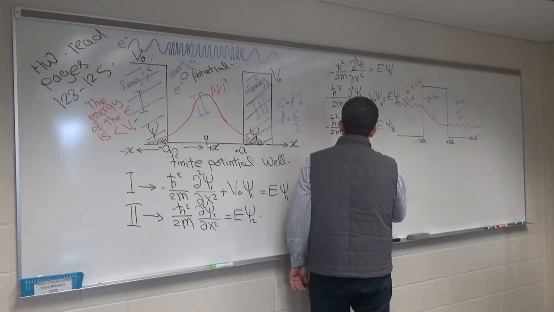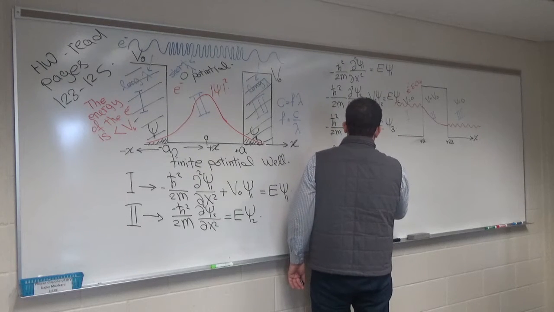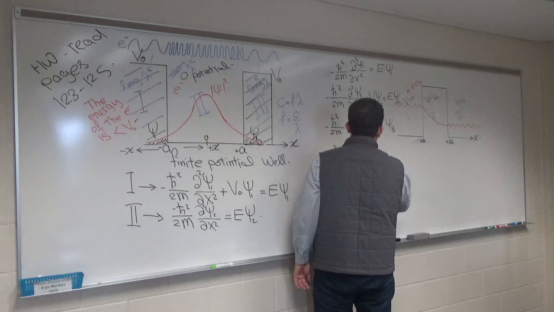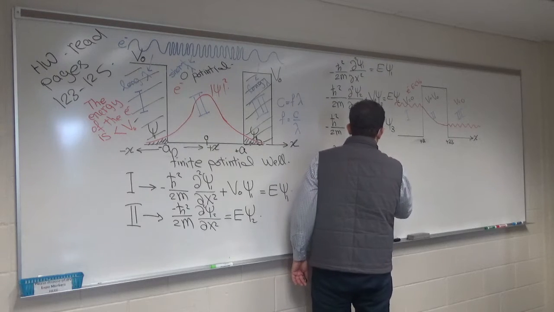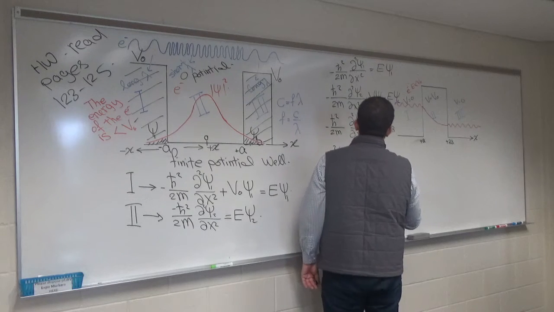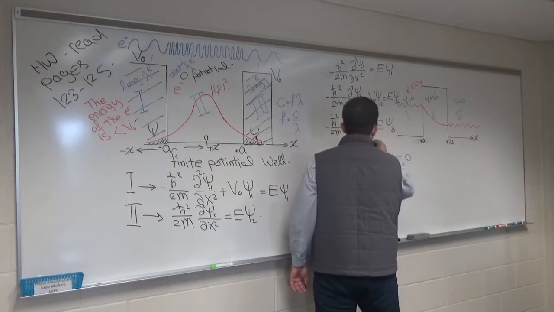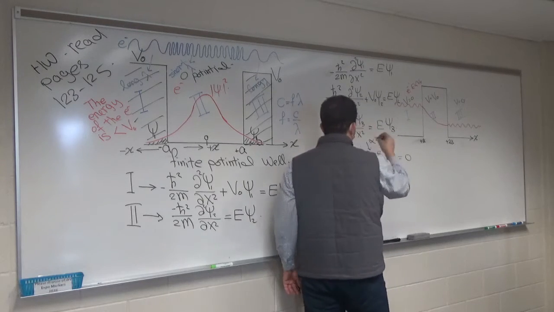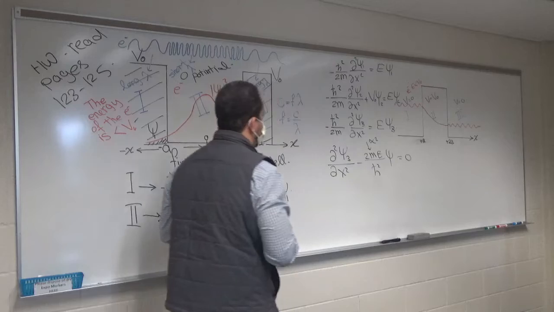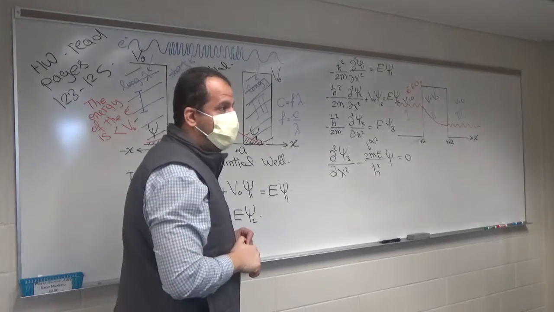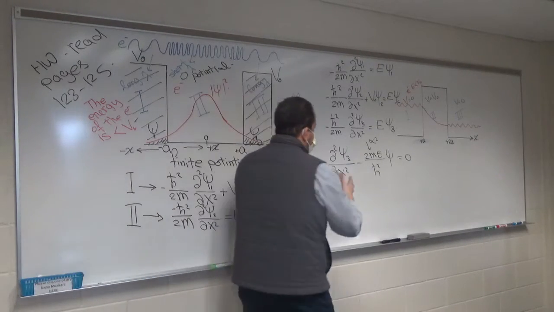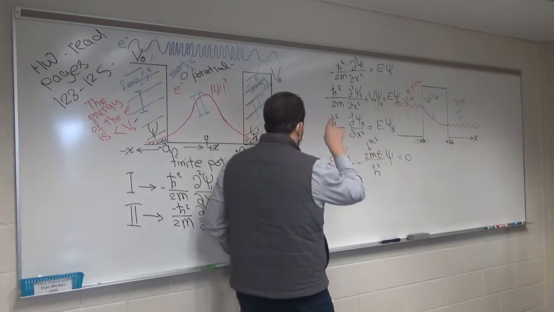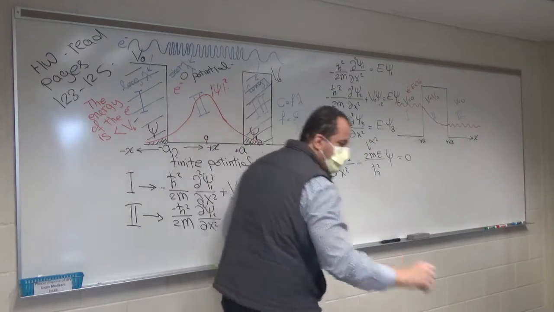You can do something like this: minus 2mE over h bar squared psi equal to 0. Maybe you call this alpha squared, and solve this differential equation. It's not hard to solve this equation. But we are not going to use this idea. We are going to use the behavior of the electron.